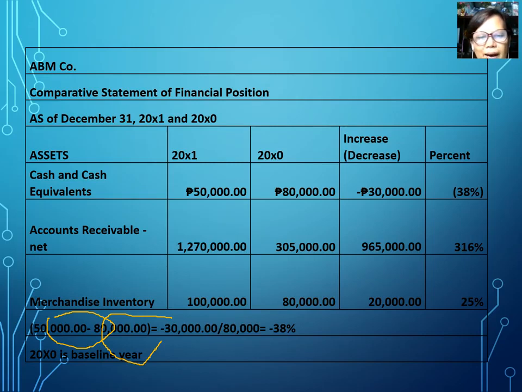Then you're going to divide by the amount in the base year of 20x0, and that will give you a negative 0.38 or negative 38%.